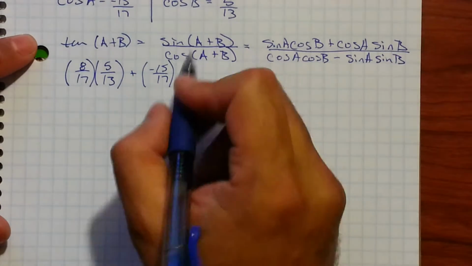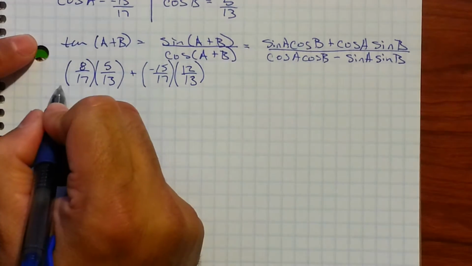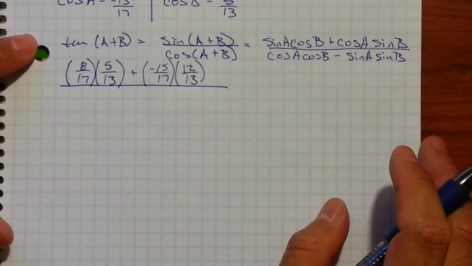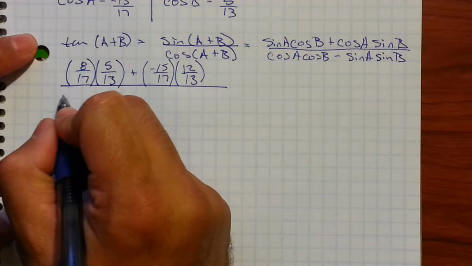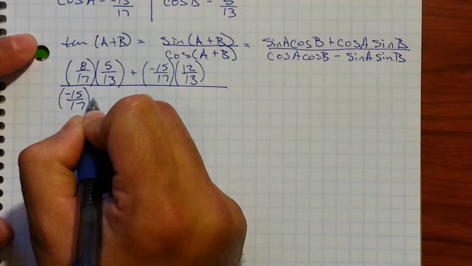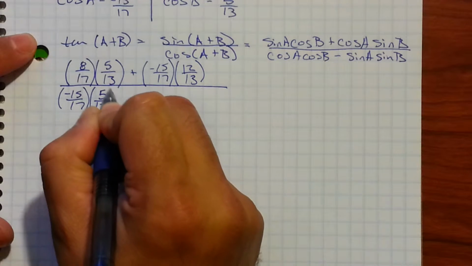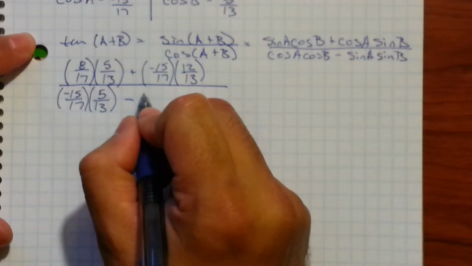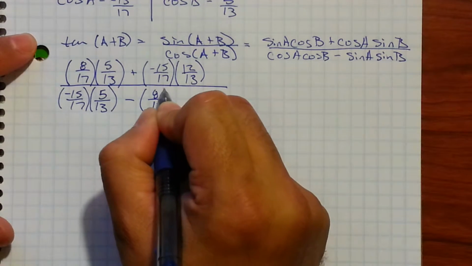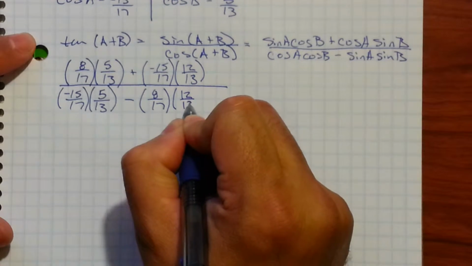Sine B, 12 over 13. Over cosine A is negative 15 over 17. Cosine B, 5 over 13, minus sine A, 8 over 17. Sine B, 12 over 13.